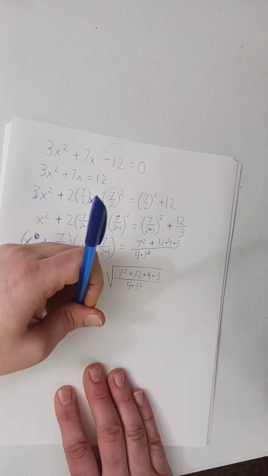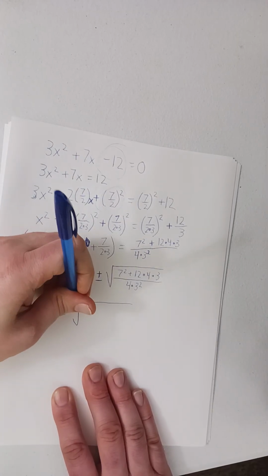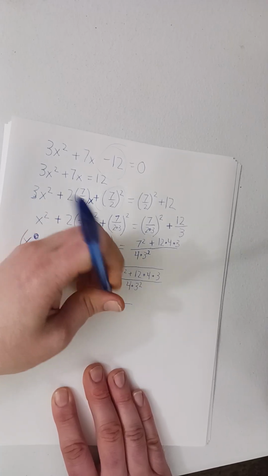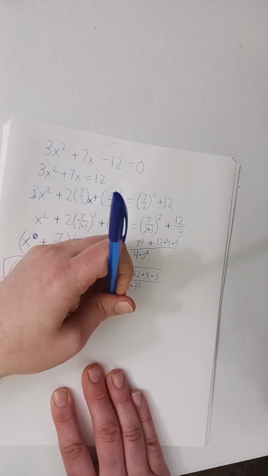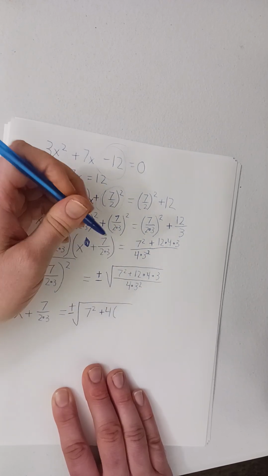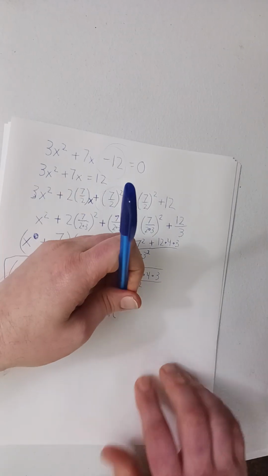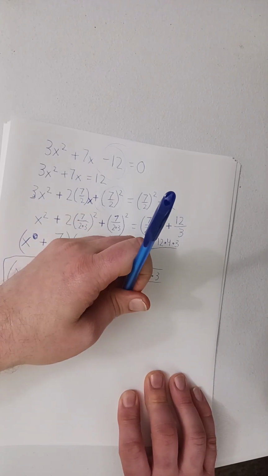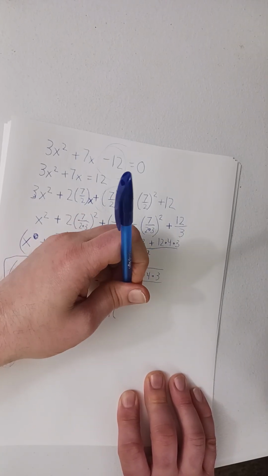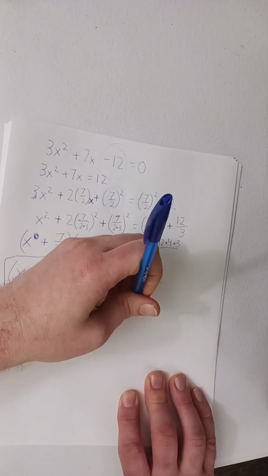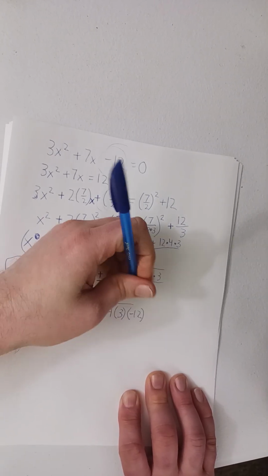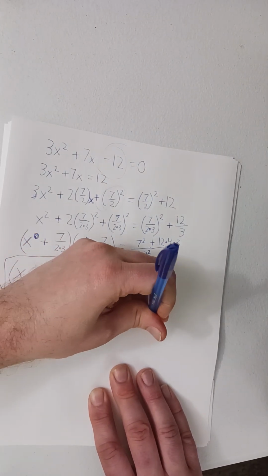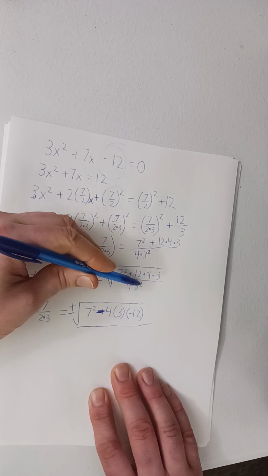So now x equals plus or minus the square root of 7 squared plus 4 times, which is the same thing as minus. We're going to do minus, and I'm going to do negative. See, A is 3, so 3 here, times negative 12. And then that's over, we can take the square root of this pretty easily here.